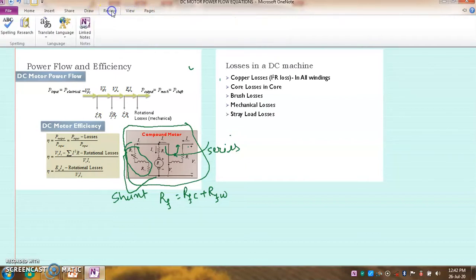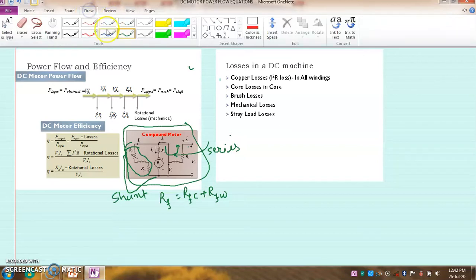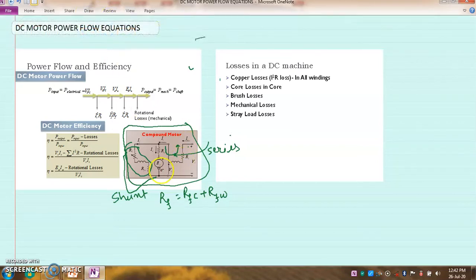Now I am going to discuss how the value of output can be obtained.